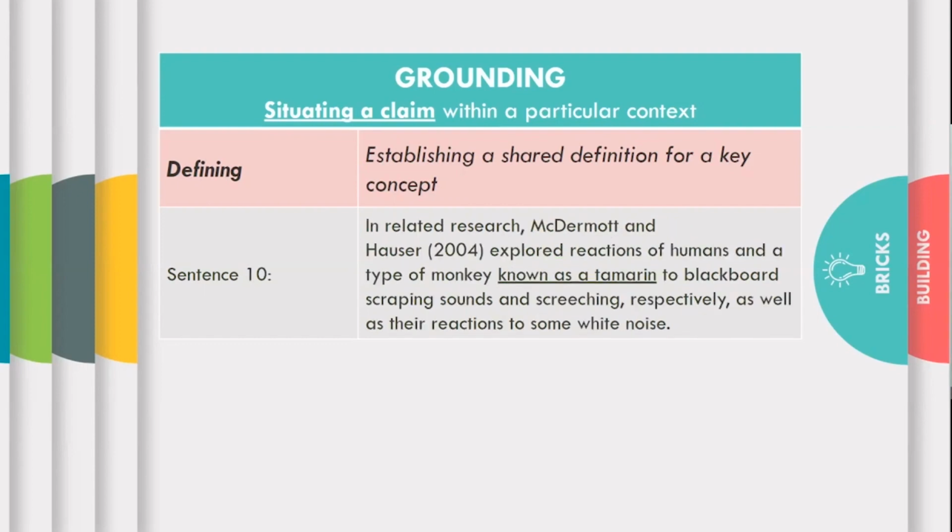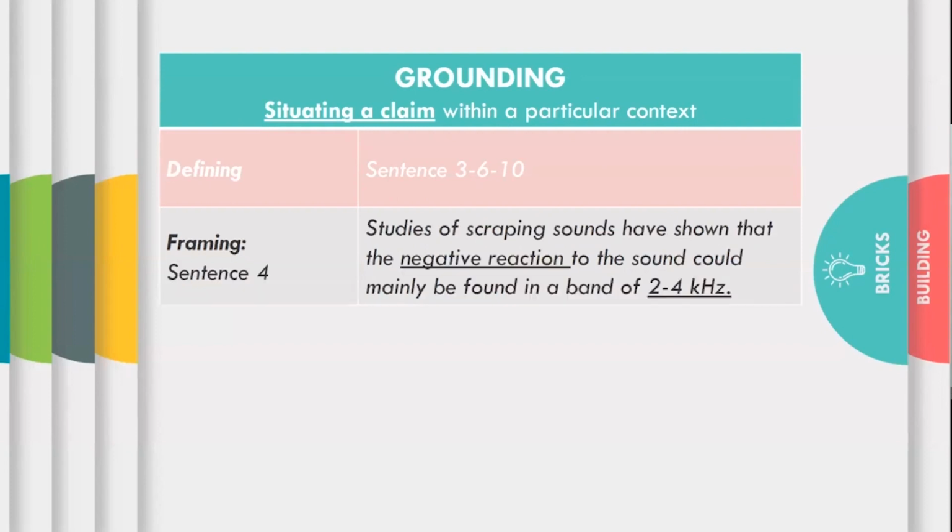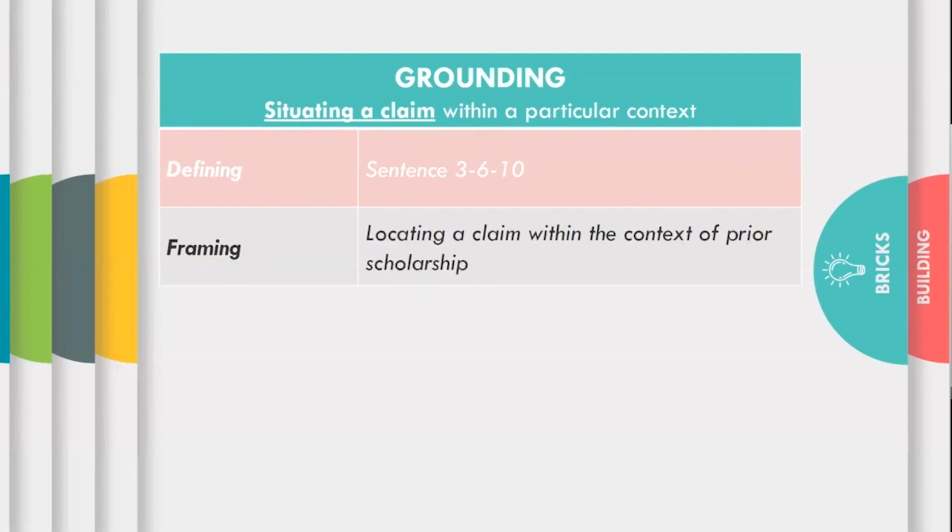Then what is tamarin? That's also defined, and also with an example. What kind of monkeys also respond similarly to that kind of unpleasant sounds. Here also we see a kind of definition in sentence 10. So 3, 6, 10.